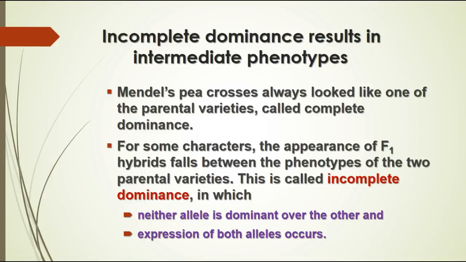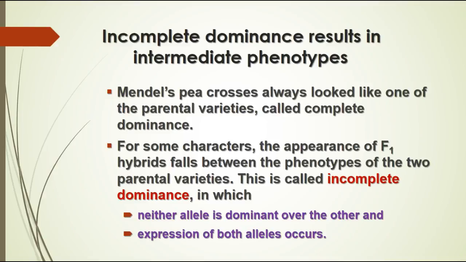When Mendel was doing his crosses, he was working with peas, and all of his peas illustrated what we call complete dominance. The characteristics were dominant or recessive, and there was nothing in between. There are, however, some genes in which the hybrids in the F1 generation have an expression of the trait that falls in between the two phenotypes of the parents.